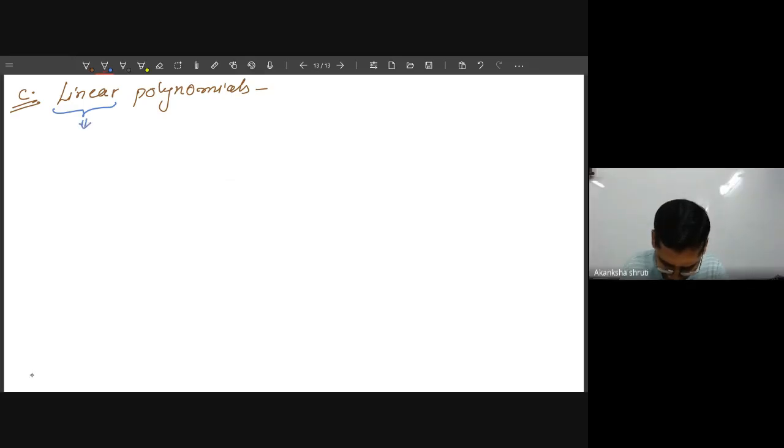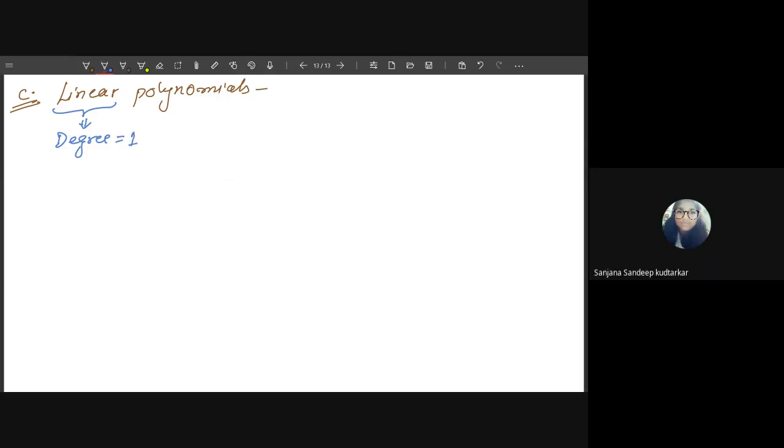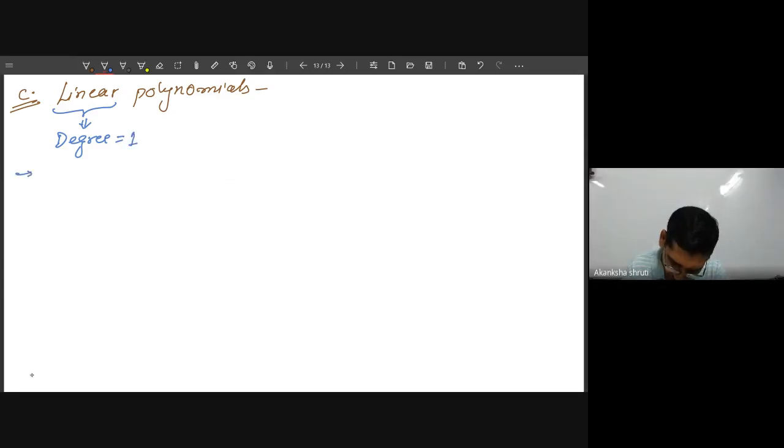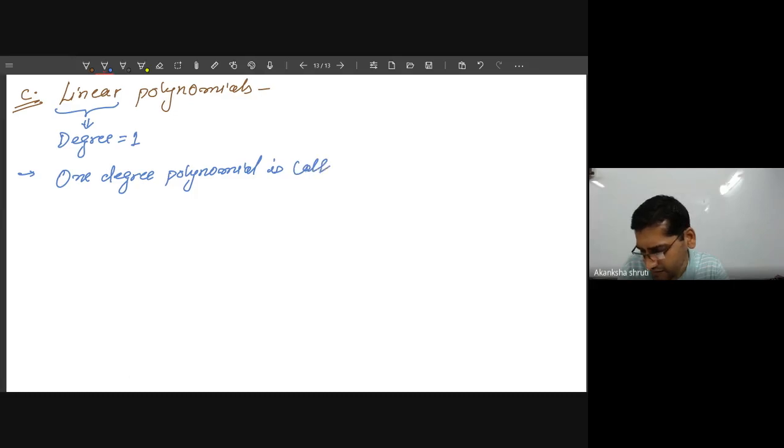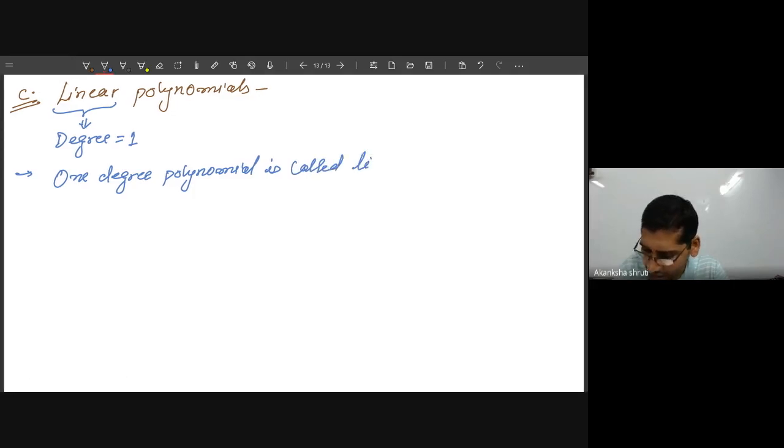This simply means the degree of the polynomial is 1. A 1 degree polynomial is called a linear polynomial.